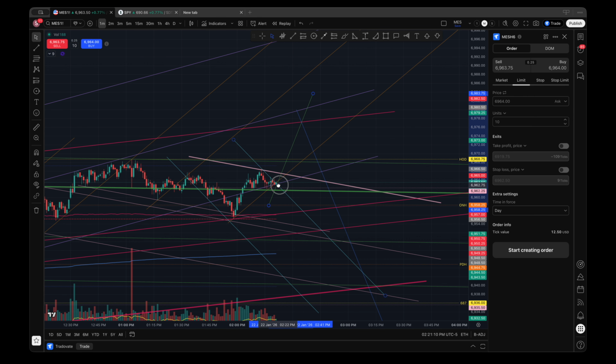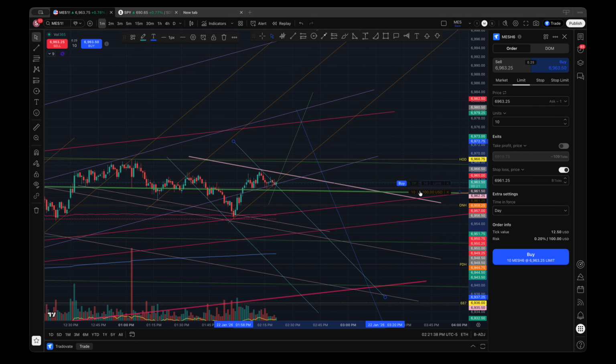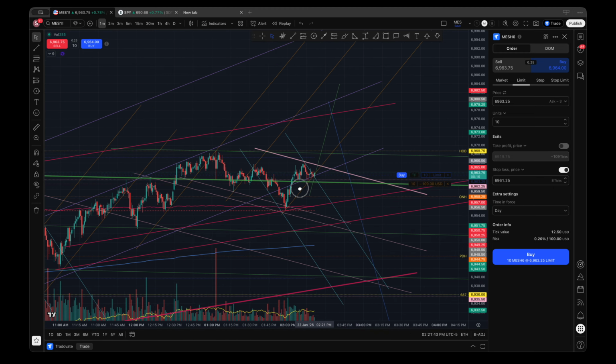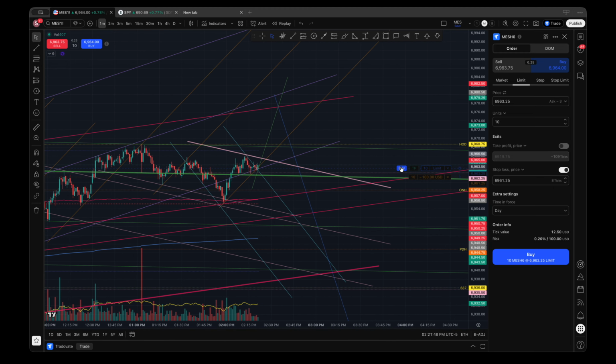So after we generate the cup, I have identified this green bull alga. Also I have pink alga, and I enter on the green alga retest for the inverse head and shoulders.